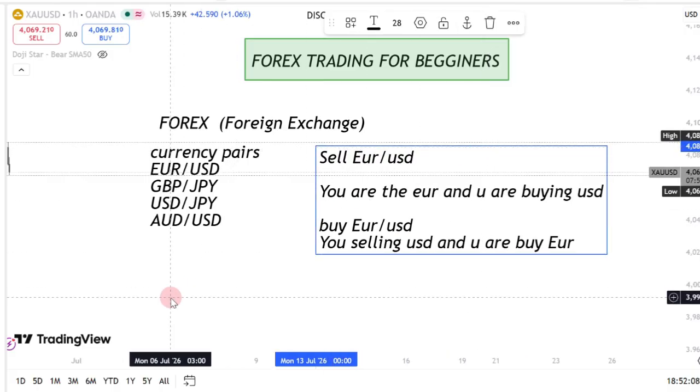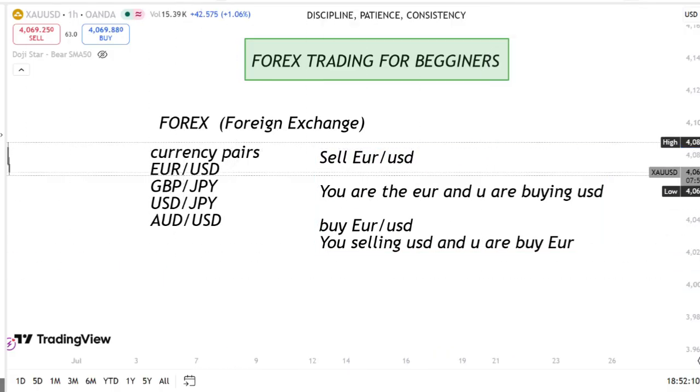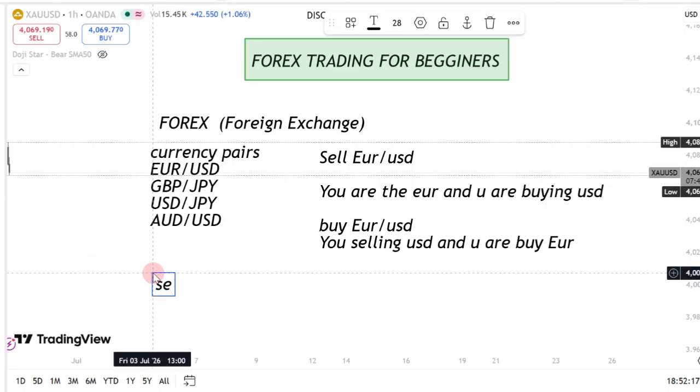And when it says sell, sell means price will go down.